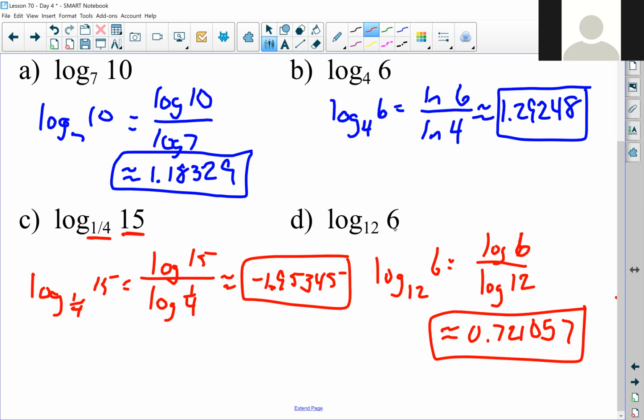If the thing you're taking the log of is smaller than your base, but they're both whole numbers, you're going to get a value between 0 and 1. Every other case, you will get a positive answer for your logarithm.